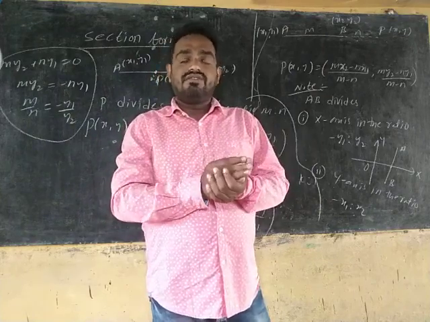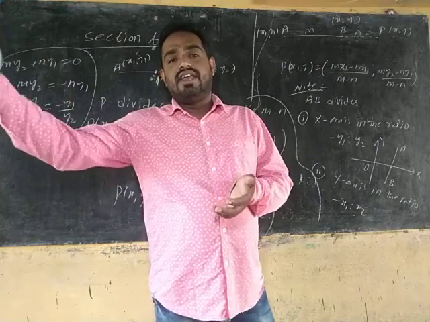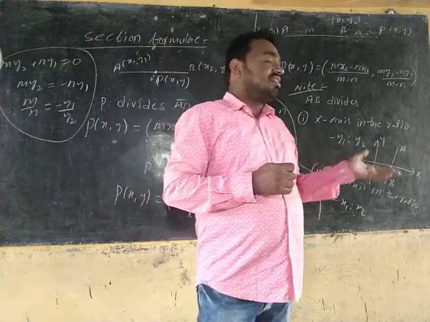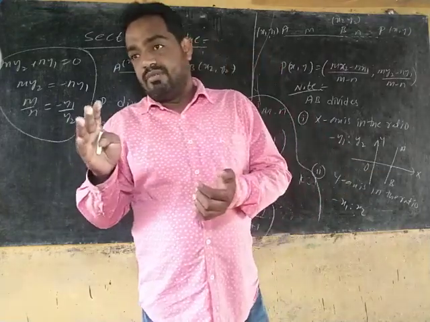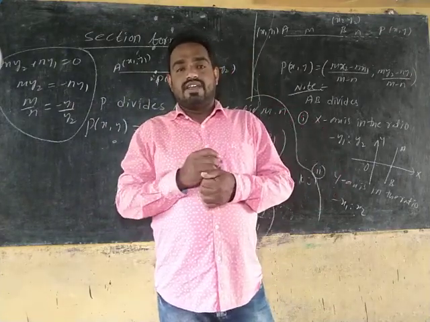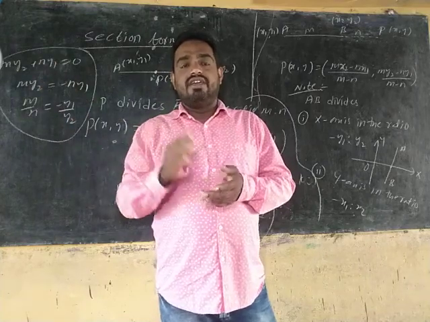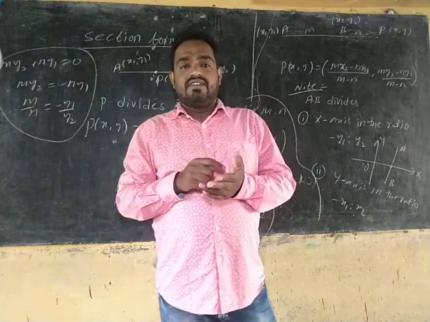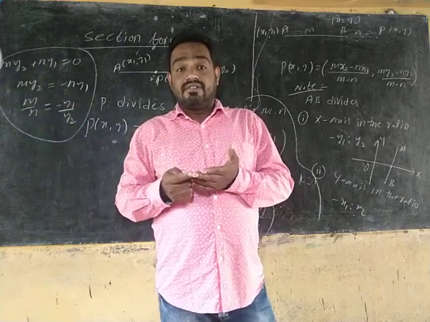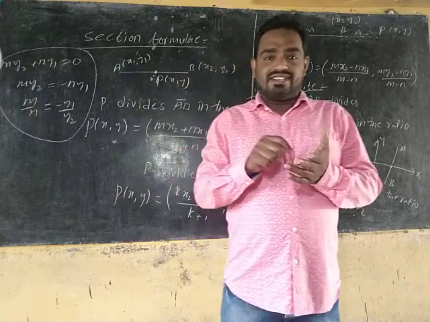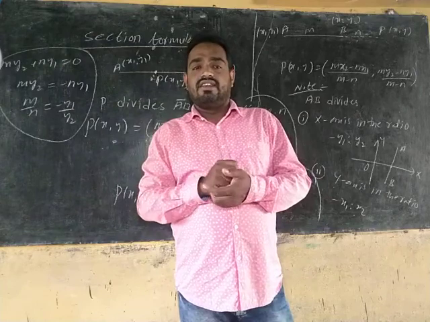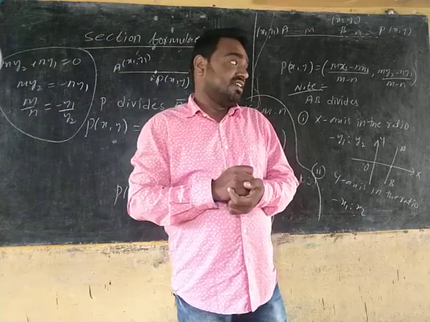Sometimes in competitive exams they give two points A, B, and one point dividing AB in a ratio, with options like 2 is to 3 internally, 2 is to 3 externally. The answer is 2 is to 3: if it is positive, internally; if it is negative, externally. We select the option like this.